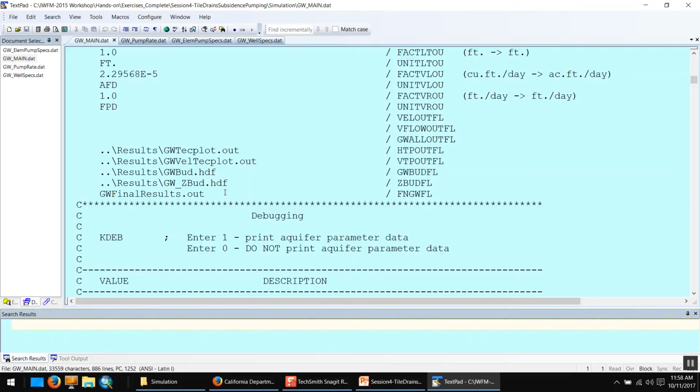So create a title, let's say all streams, in the cell itself. And then underneath, just list those: reach 1, reach 2, reach 3.